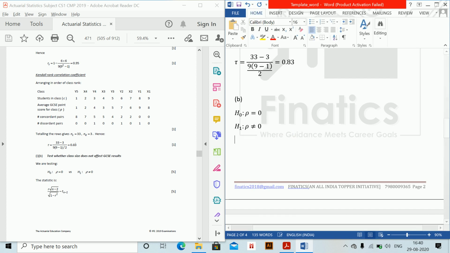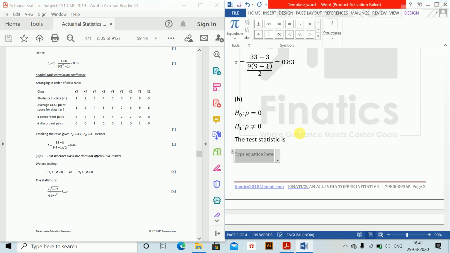Okay, so this is there, and the test statistic is T = r √(n−2) / √(1−r²), which follows t with n−2 degrees of freedom.